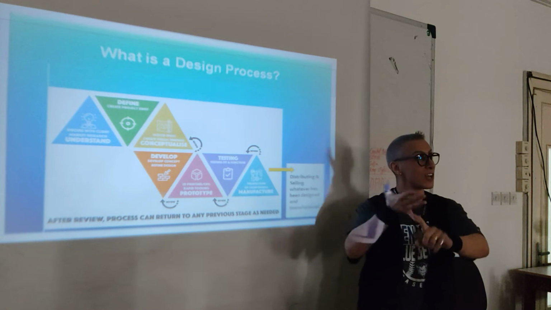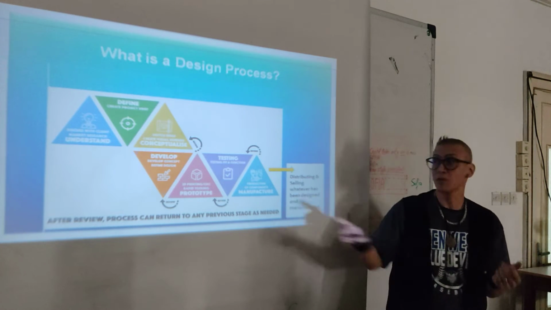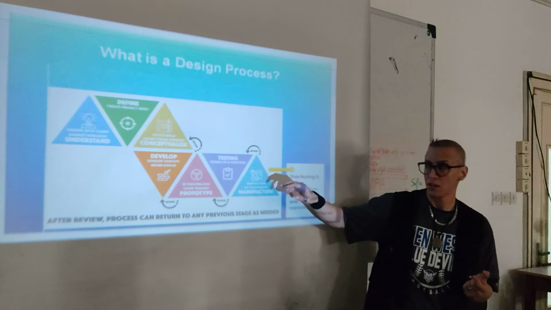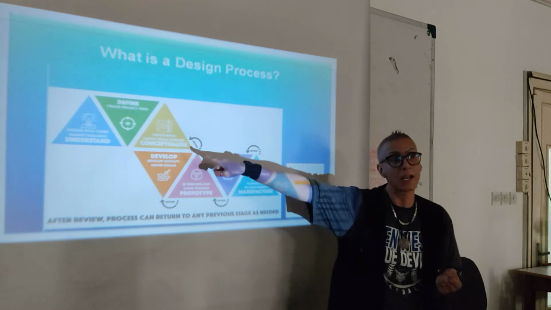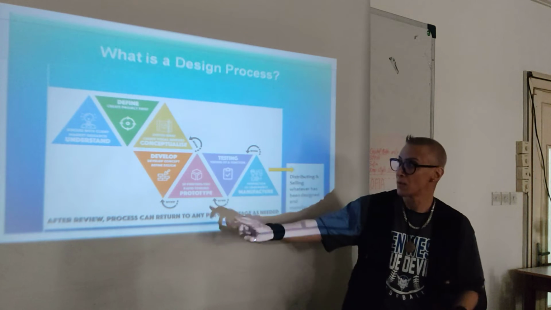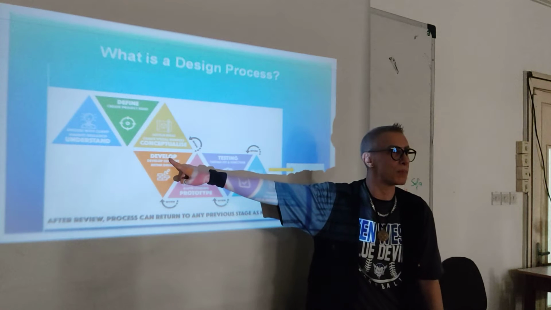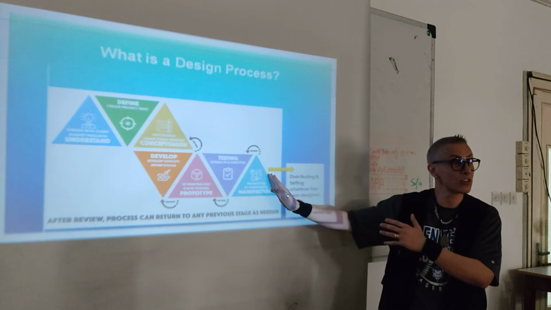Because once it goes to the real production, when they put it into the printing machines, and they put the colors and the details and everything, it will be very expensive to go back. So if you discover the mistake here, it's very expensive to go back to fix it. But if you discover the mistake here, it's very easy to jump back to the previous step, fix the mistake, and then go to the real production.